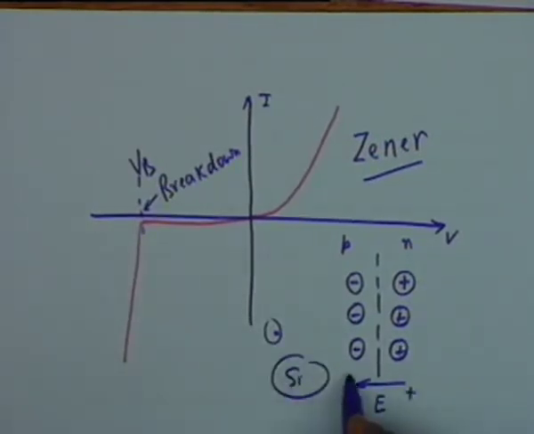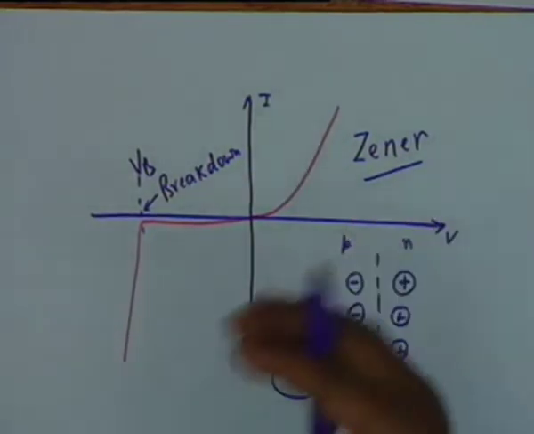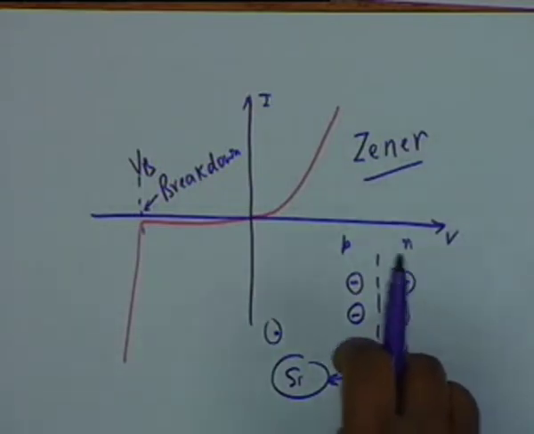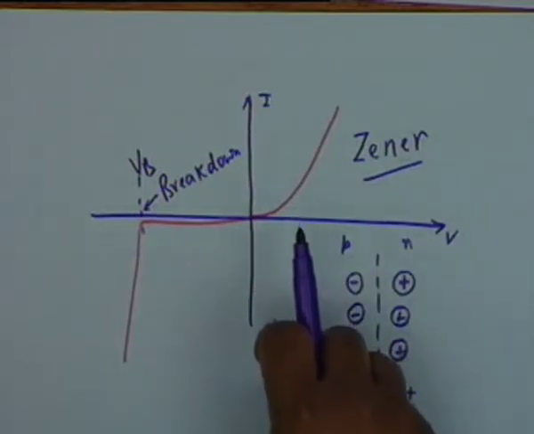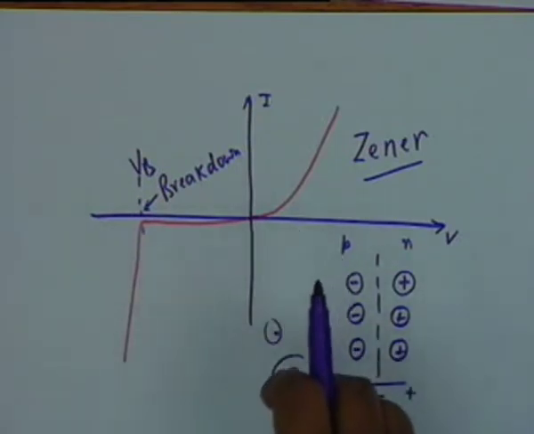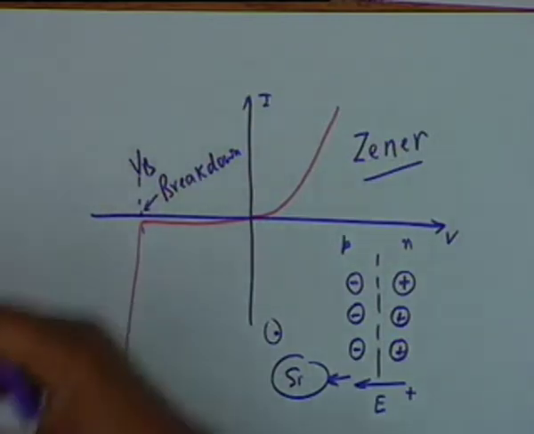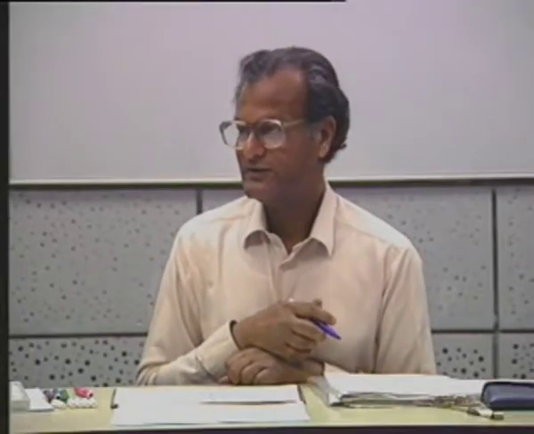If there is a collision, there is a sharing of energy, and the hole might give 1.1 electron volt to an electron and set it free. So this occurs due to collision, whereas in the Zener region there is no collision.